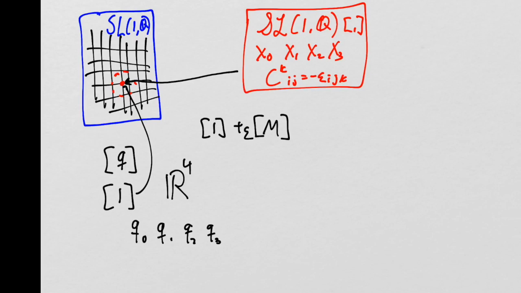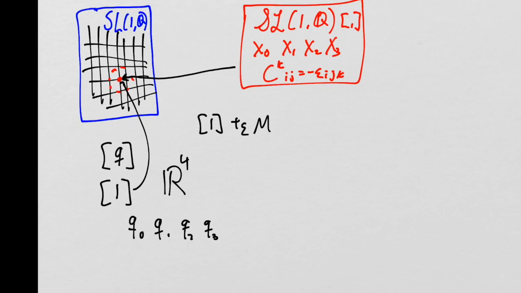So there's our M, and M is a matrix, right? So I've got the matrix of a matrix in there. So epsilon M, and M is an element of the special linear group 1Q, and epsilon is really small, so it's going to force M to be small.